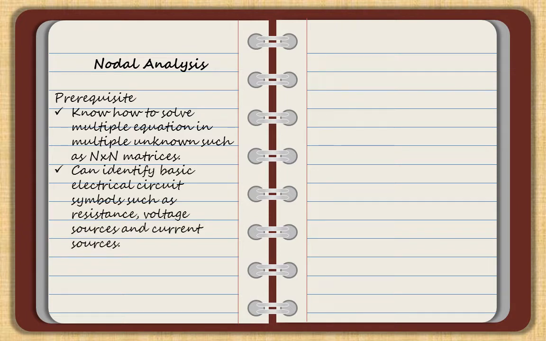The next thing is you must know or be able to identify basic electrical circuit symbols such as resistance, voltage sources, and current sources.